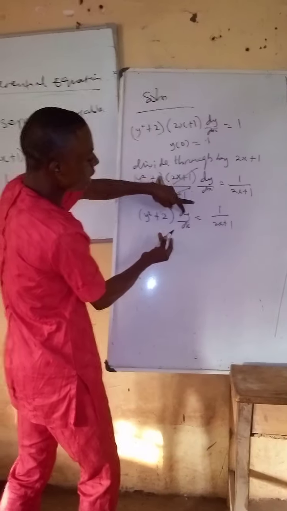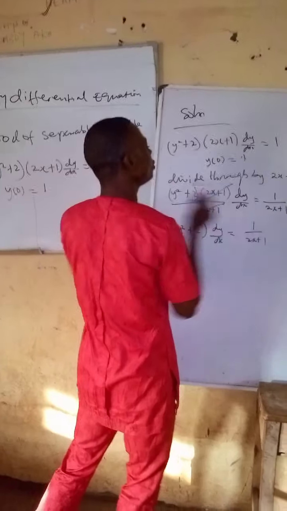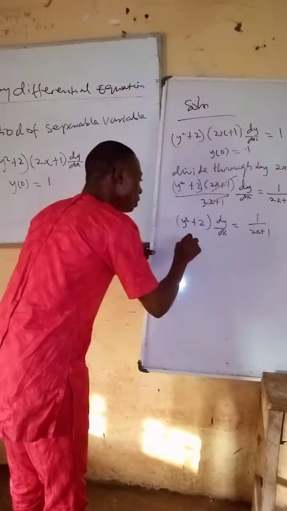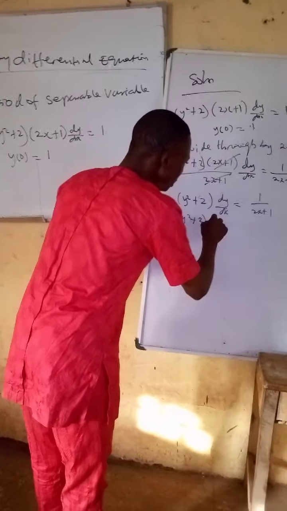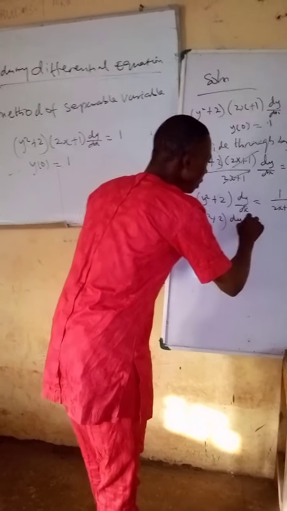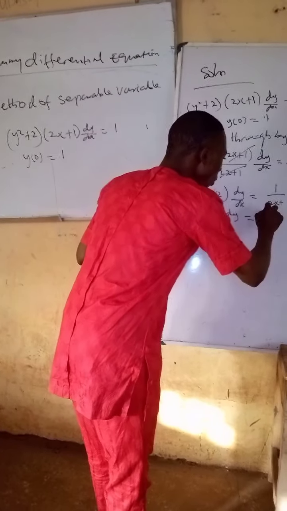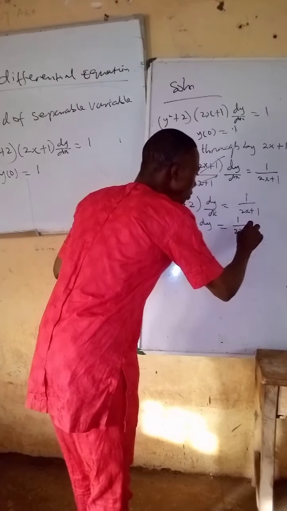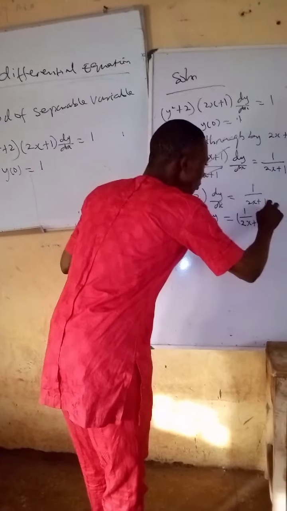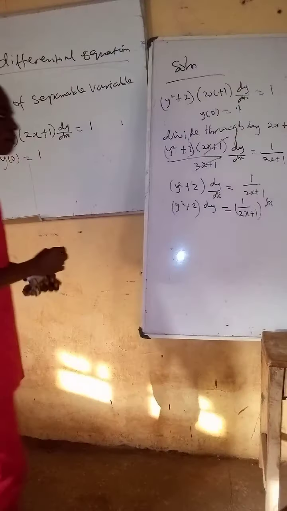Now I'm going to leave the y here and send the dx to this side. I'll have (y squared plus 2) dy equal to 1 all over (2x plus 1) dx.